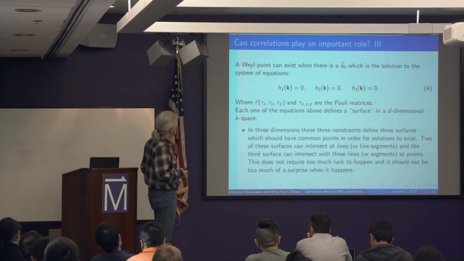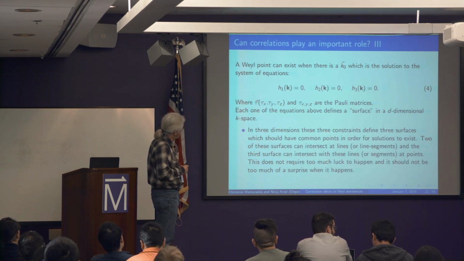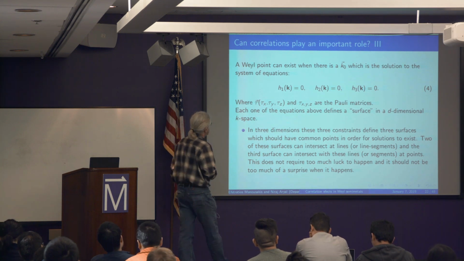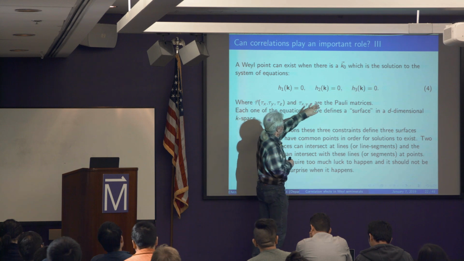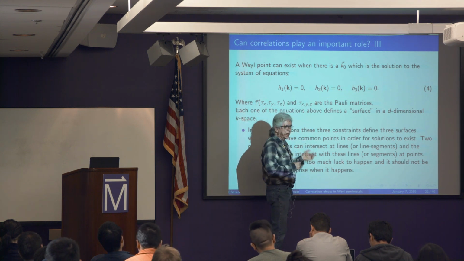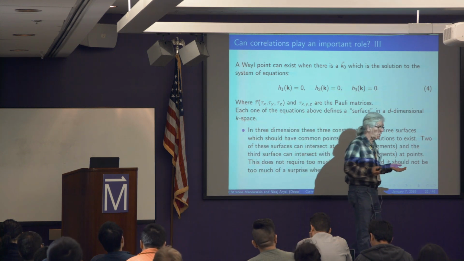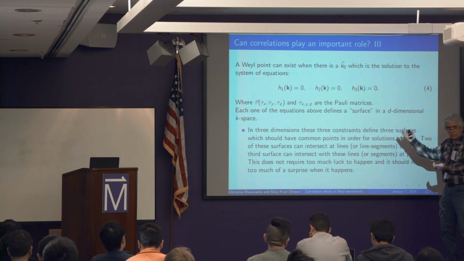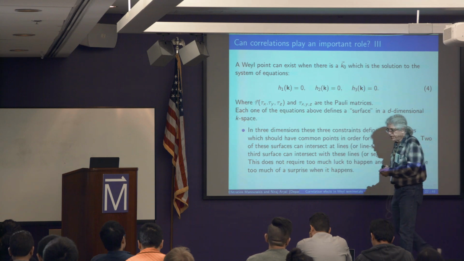It's an accidental thing, happens by some accidents sometimes. So I have to solve these three equations to find kx, ky, and kz. So I have three unknowns, so that seems possible. If I'm in lower dimensions, though, I have kx and ky in two dimensions to be my unknowns, and I have three equations. So I have to be very lucky.